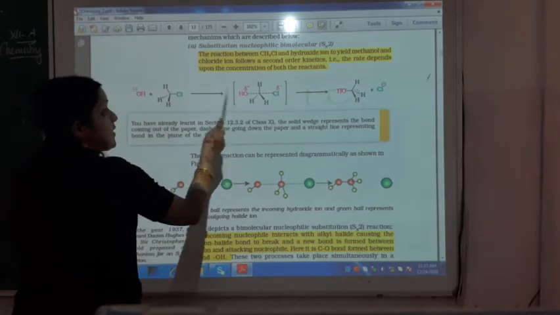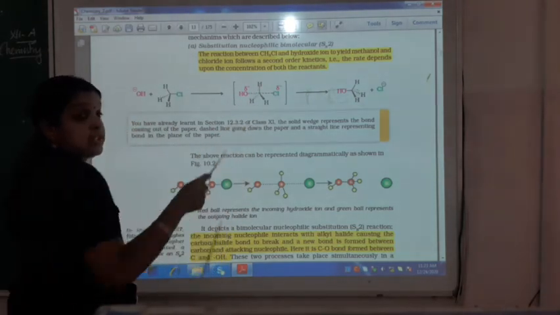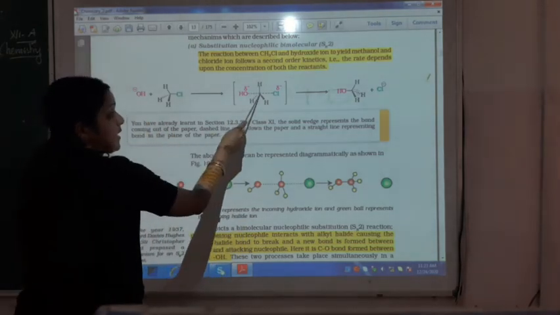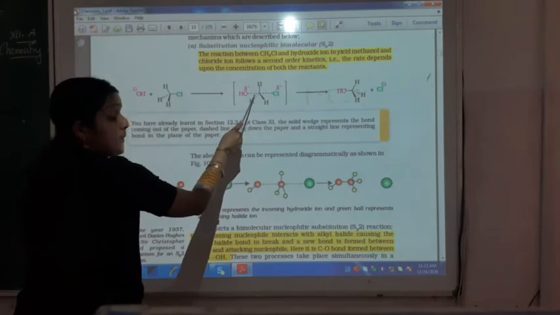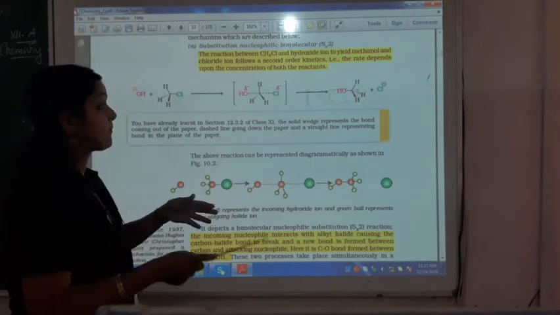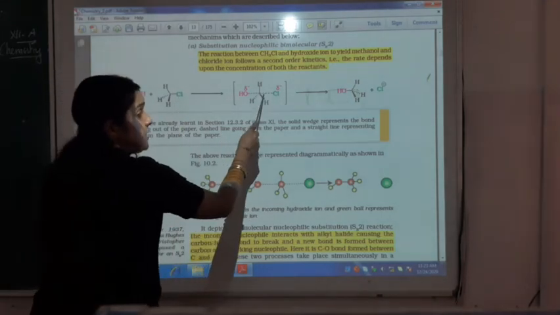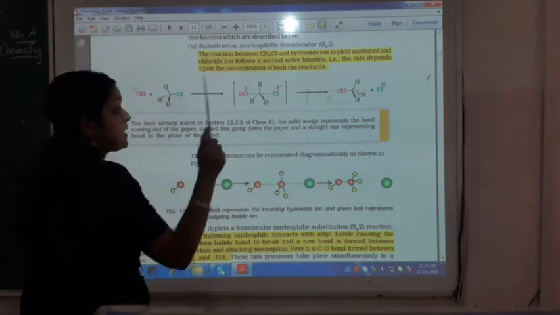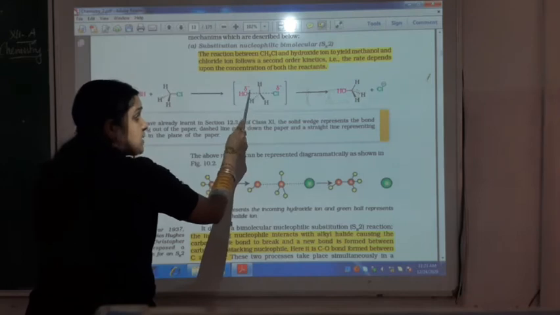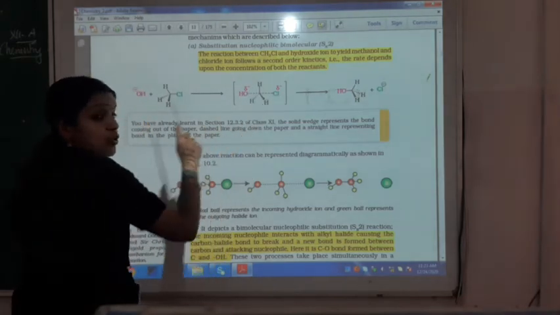These three hydrogens lie like this, one on the top and two on the bottom. I have this OH minus attacking my carbon, forming a temporary bond, which is not yet completed, and the C-Cl bond, also shown in dotted lines, which means it is about to break. The C-OH bond is about to form and the C-Cl bond is about to break.